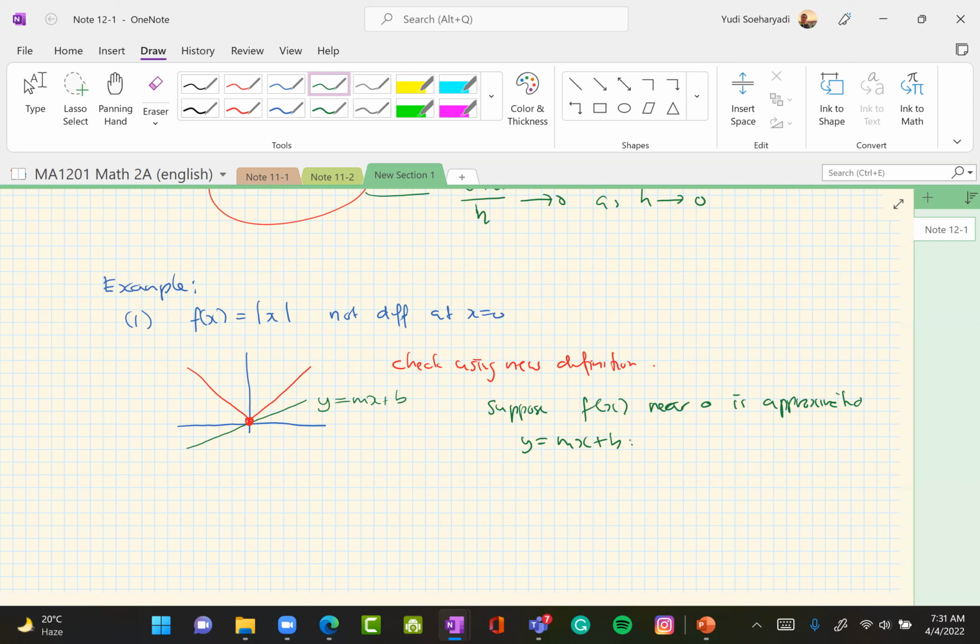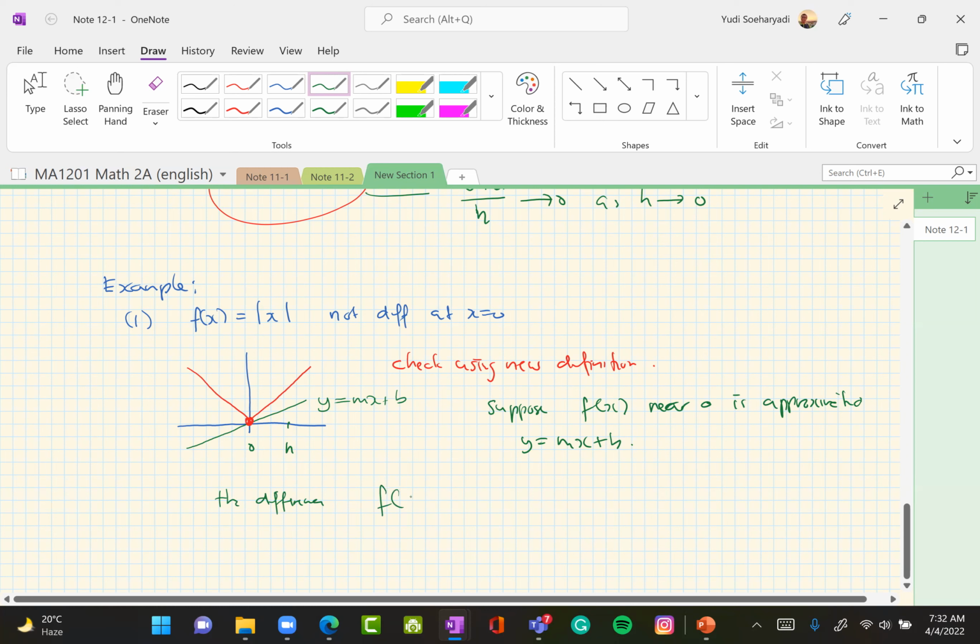So what's wrong? Not what's wrong. What happened here? Okay, so let's compute the difference h here. Compute the difference with the mx plus b, if you did that h.